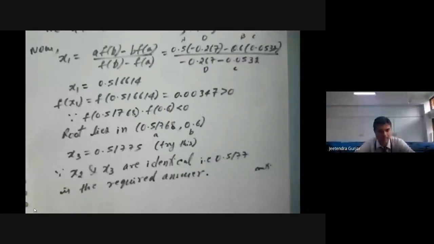I have directly written x3. Don't worry. Actually, it is x2 only. I have written x3 by mistake. X1, x2. So try to solve for the x2 value.